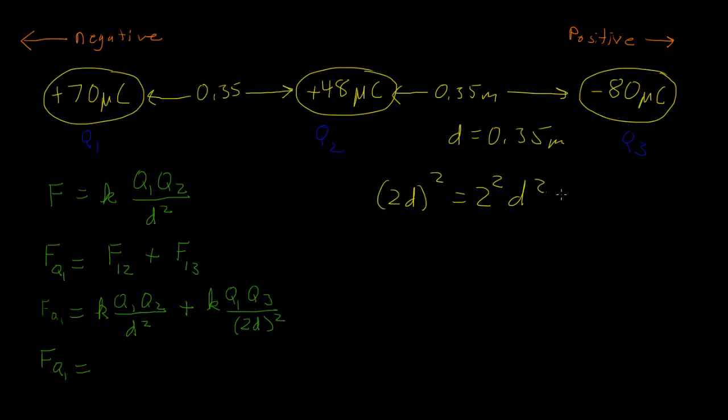So this will simplify to 4D squared. So I will have a D squared here to take out also, and I'll be left with a 4. So I'm going to start by factoring. We will take out the K, the Q1, and the over D squared. And what we are left with is Q2 plus, and here I'll have Q3 over 4.